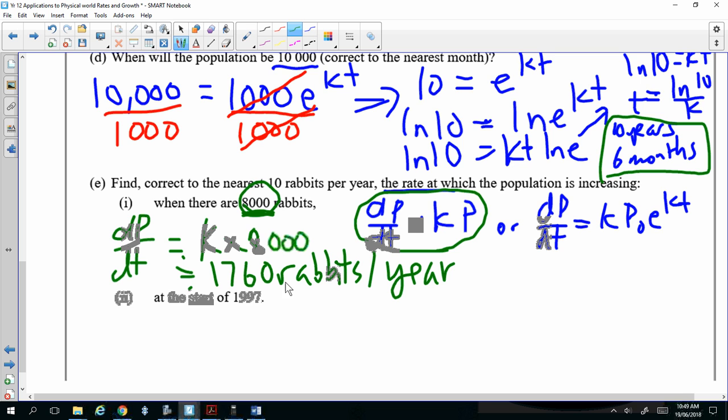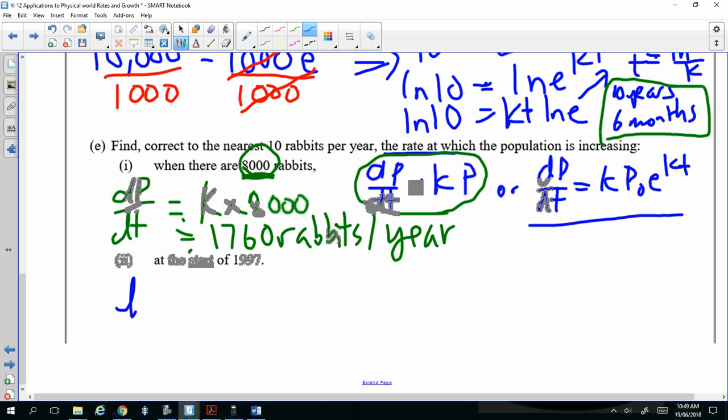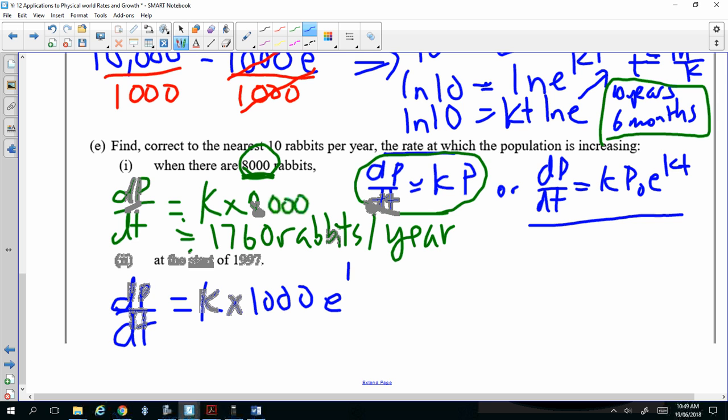Okay, now if you are given the time instead, you should use this formula. So use dP/dt, which is equal to k times 1000 e to the power of k times, now what's the t? It will be 2, right? t equal to 2. Like this.